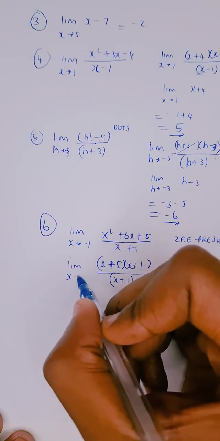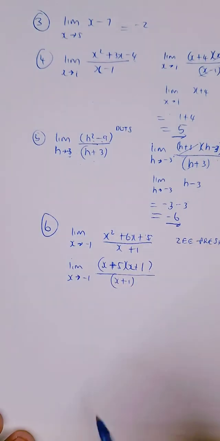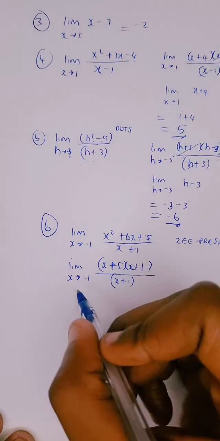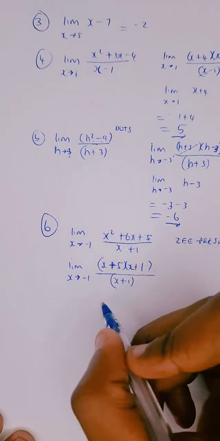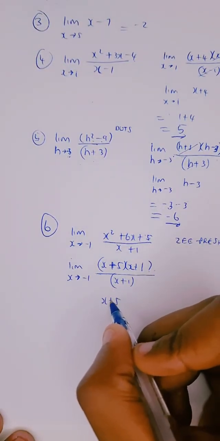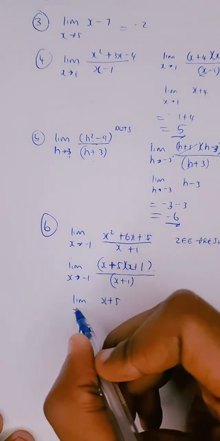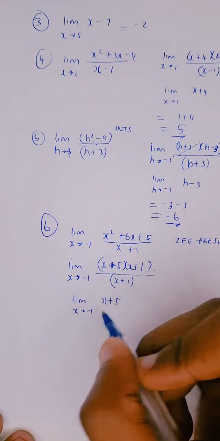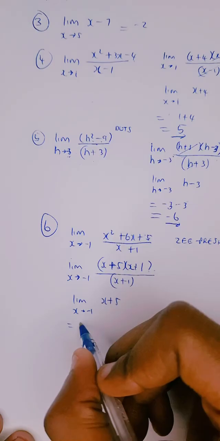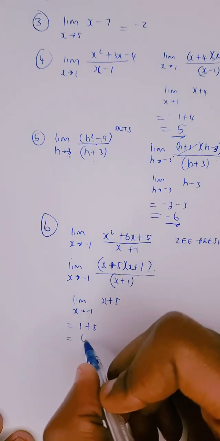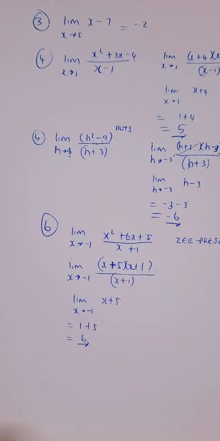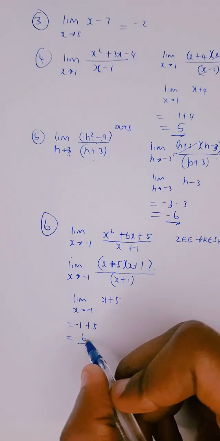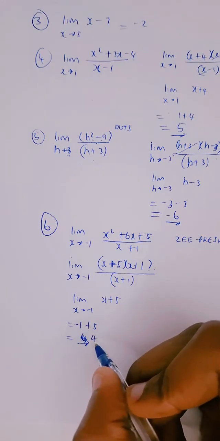Let's not forget the limit as x approaches -1. You don't ever want to forget that. So we are left with x plus 5. And then, of course, 1 plus 5, which is 6. Just kidding, guys. It's -1, obviously, plus 5, which gives us 4.